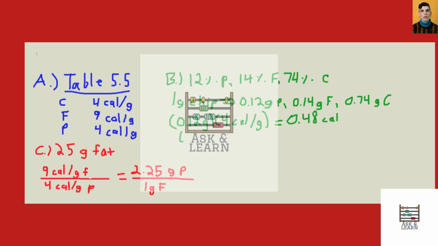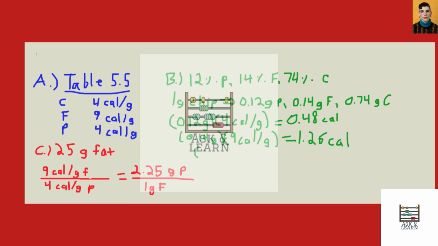Then we have 0.14 grams of our fat multiplied by 9 calories per gram, which produces 1.26 calories.